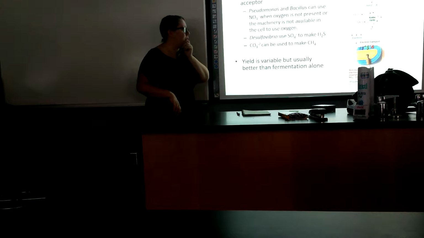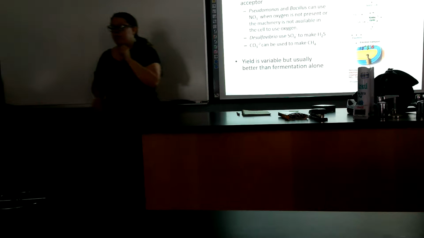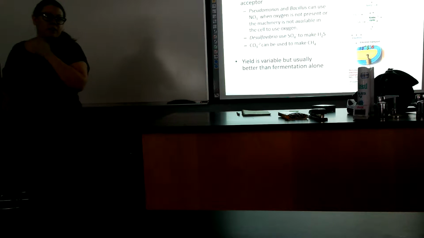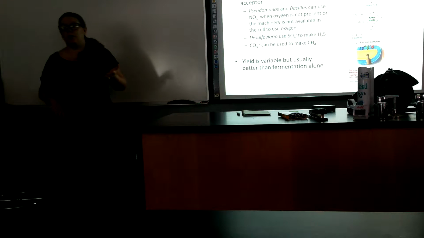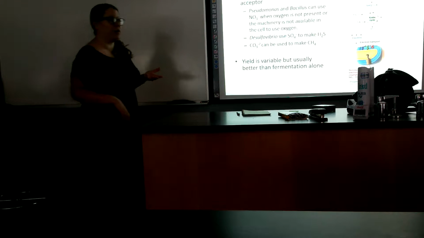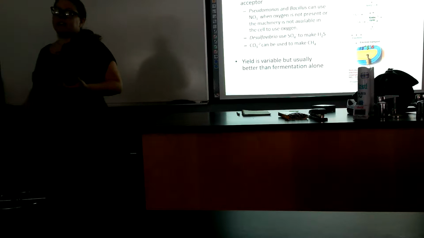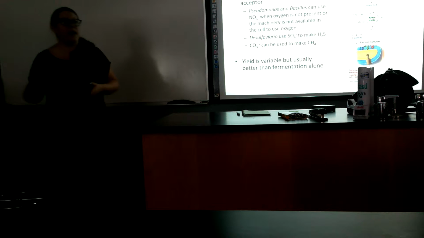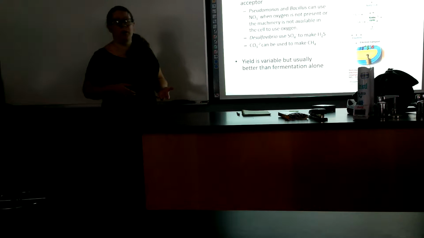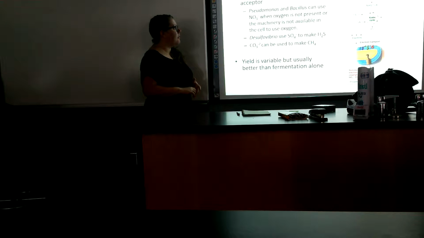We can have NO3, like I said, it just depends on the organism. And the yield, very similarly to aerobic respiration, is going to be variable, but it's better than fermentation. It's better than not using anything with oxygen and not being able to carry out the electron transport chain at all.